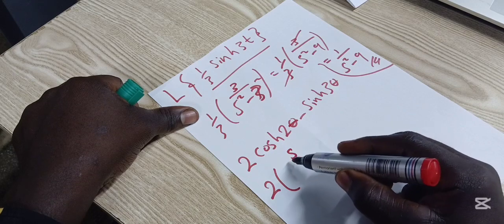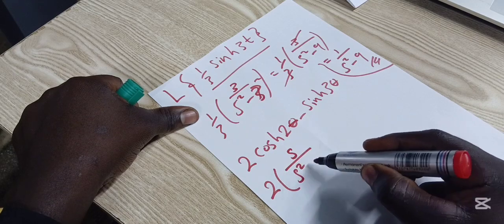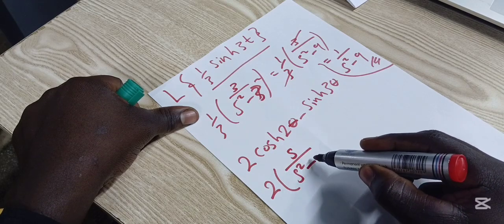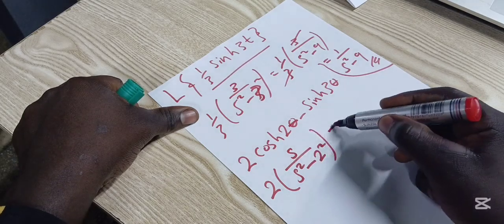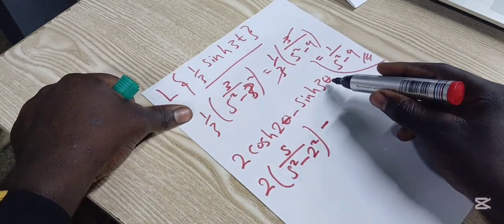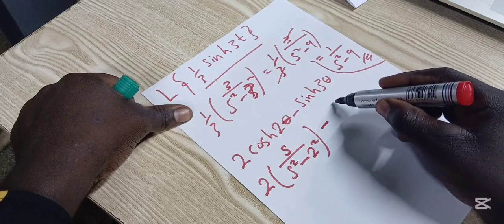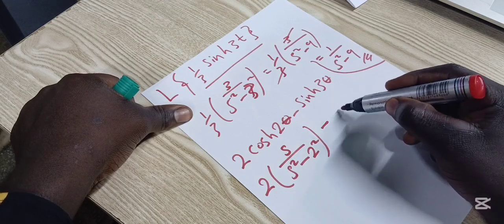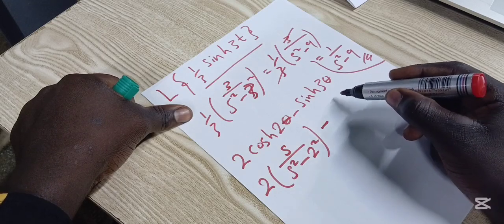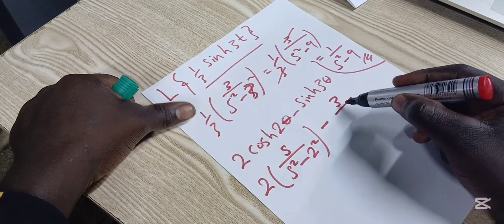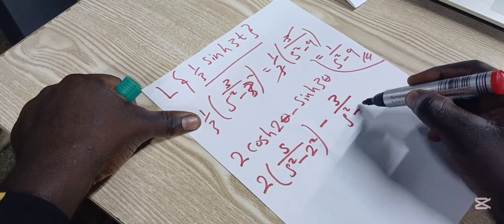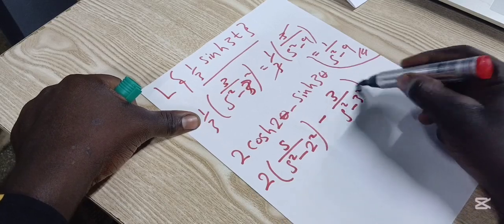So s over s squared minus a squared, which is 2 squared, minus sinh 3 theta, which gives us a over s squared minus a squared. Our a here is 3, so 3 over s squared minus 3 squared.